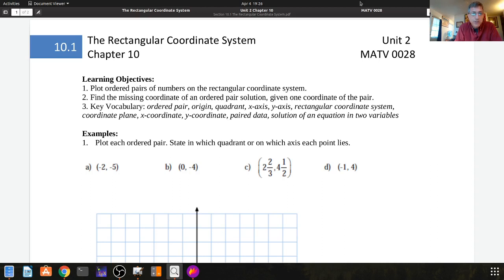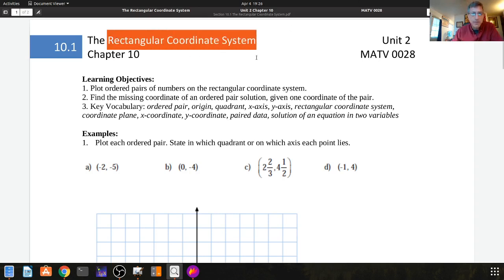The Cartesian plane, after Descartes, the last name, is also the name of what we're going to call the rectangular coordinate system. And this is a big change. We're literally moving from one dimension to two dimensions.